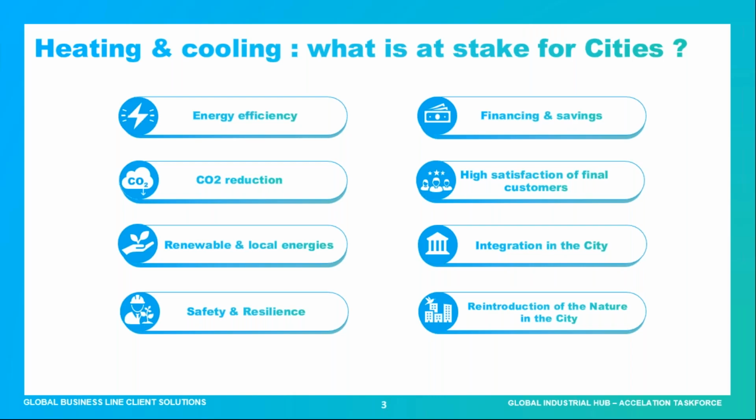This has been developed during the webinar, but we have to focus on the satisfaction of the end user and to get the end users involved and maybe to raise a little bit the awareness about district heating and cooling systems and the benefits that those systems can bring to a city.